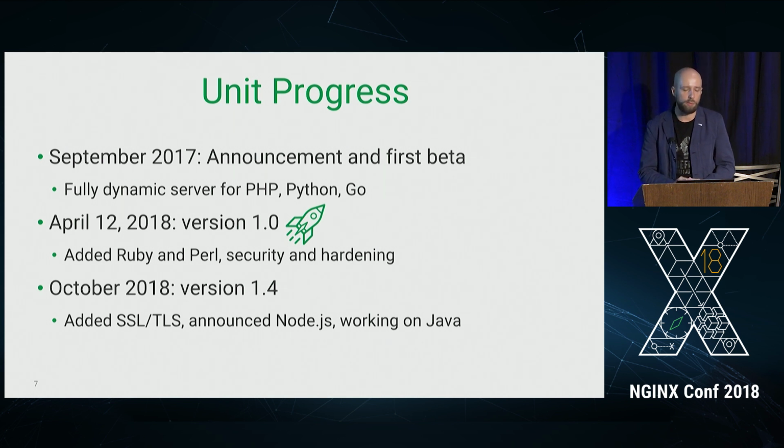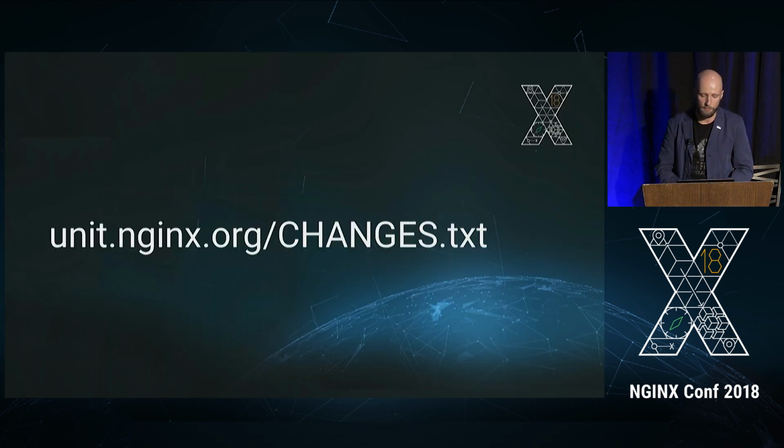And right now, in October 2018, we're at version 1.4, and we added SSL/TLS features, are looking into adding Node.js in the packages, and are currently working actively on supporting Java. That is coming in future.